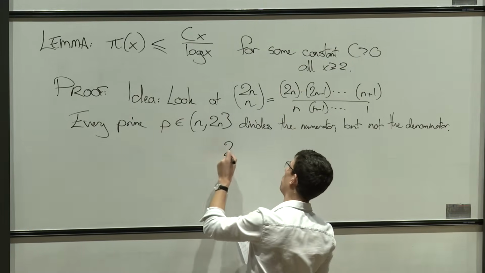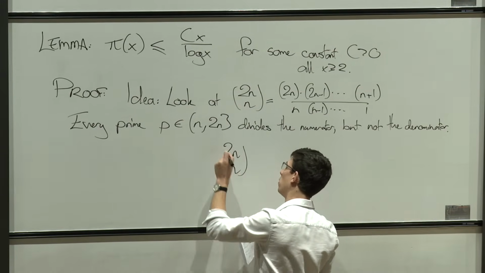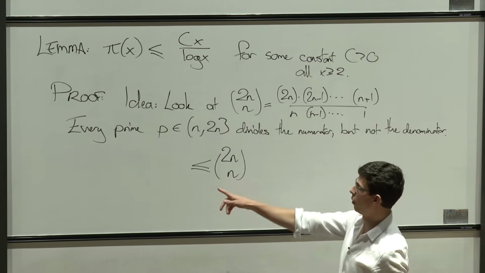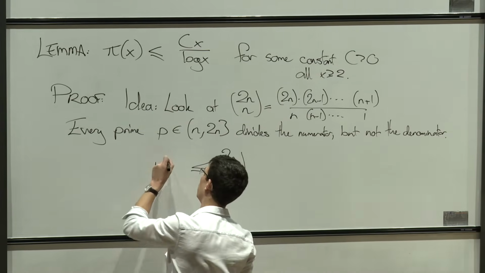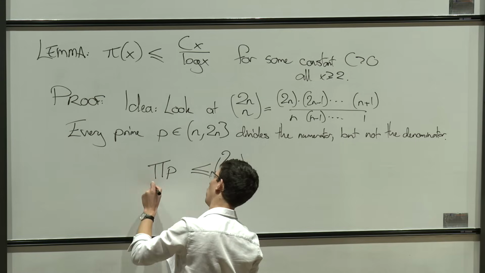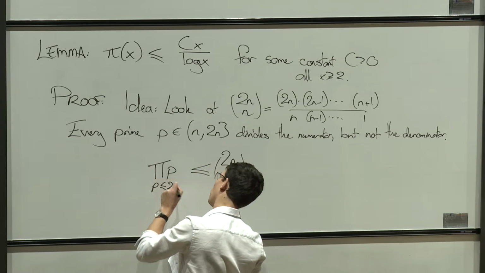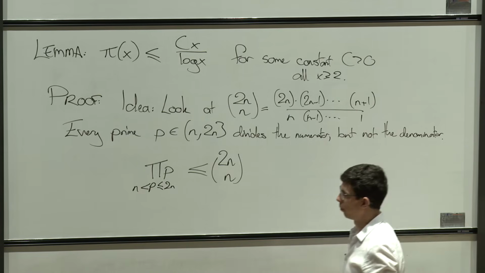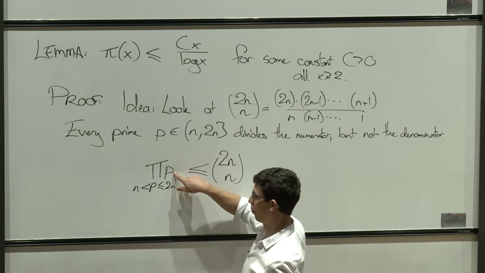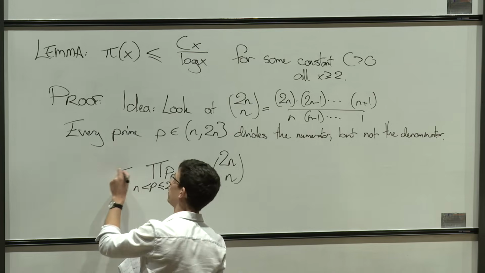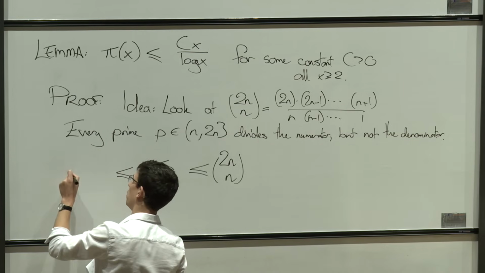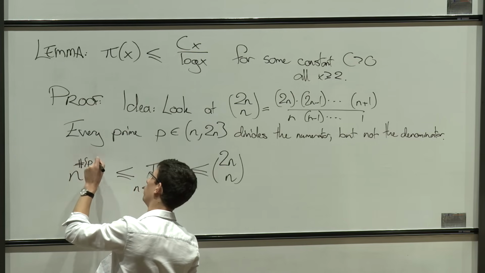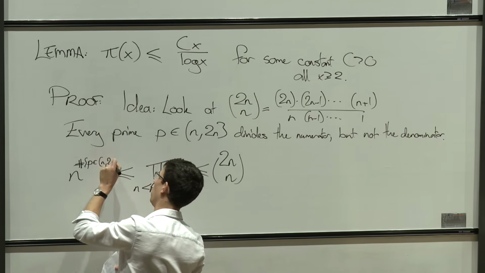So since it's a multiple of them and it's not 0, 2n choose n must be bigger than the product over all primes p which are bigger than n and less than or equal to 2n. But since every term p in this product is bigger than n, this is certainly bigger than or equal to n to the power of the number of primes between n and 2n.